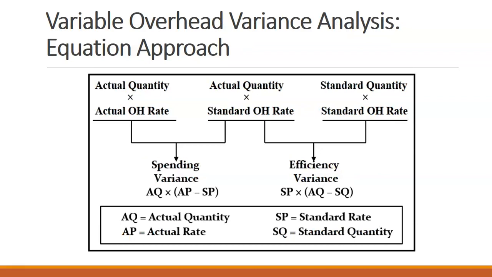So the actual quantity times the actual rate, the actual quantity times the standard rate, and the standard quantity times the standard rate. So our spending variance is actual quantity times actual price minus standard price, and the efficiency variance is standard price times actual quantity minus standard quantity.